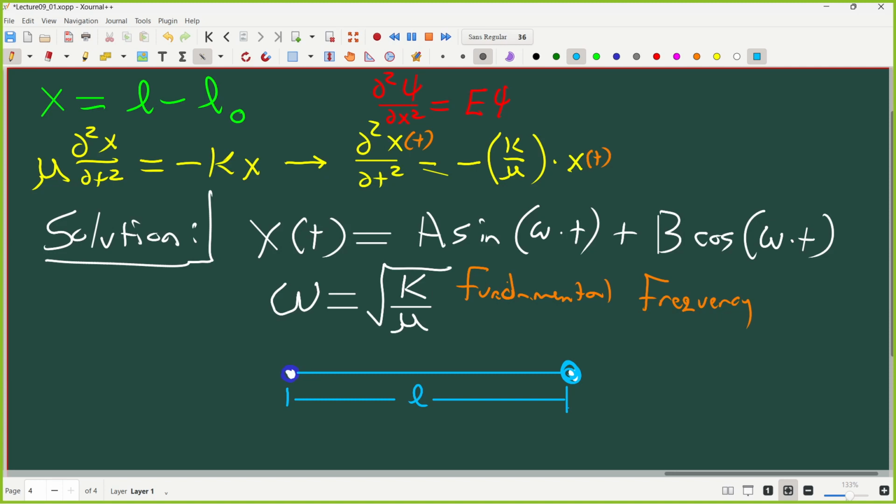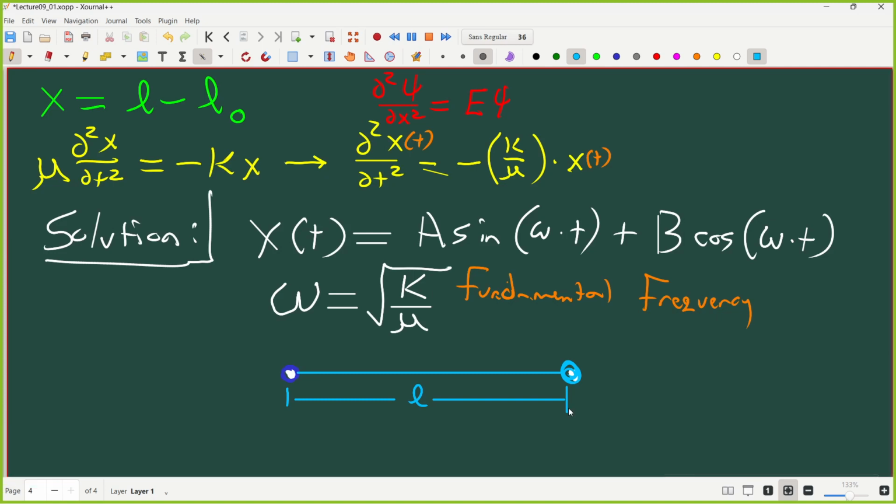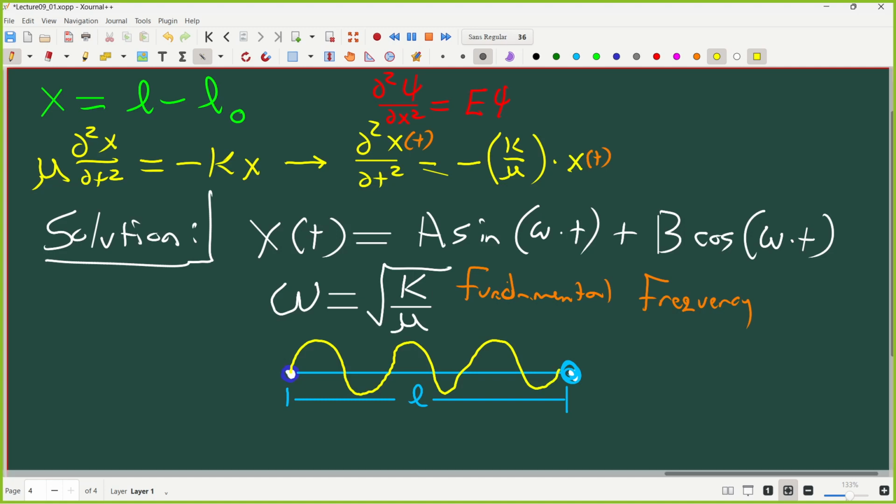okay, we can pluck it at any frequency or any energy we want, but there's a specific set of frequencies that we pluck, that when you pluck the string, the wave that propagates through them, right? So imagine I pluck that string and the string oscillates like this, okay?